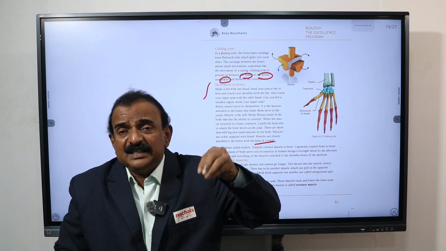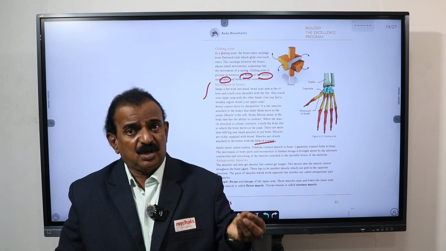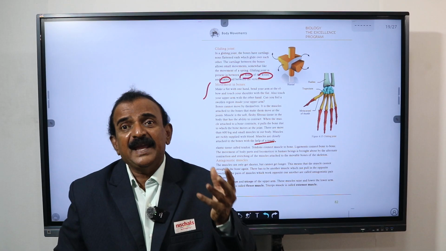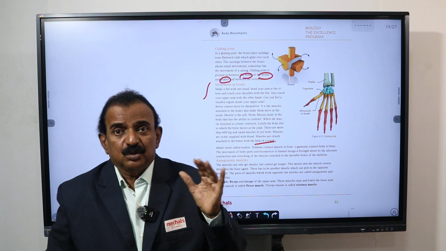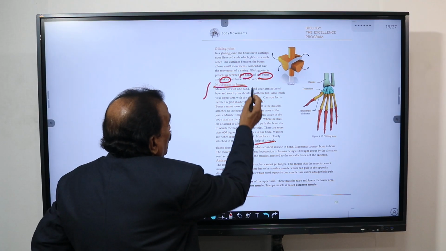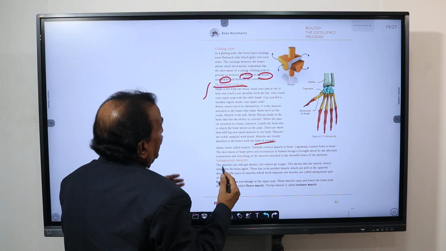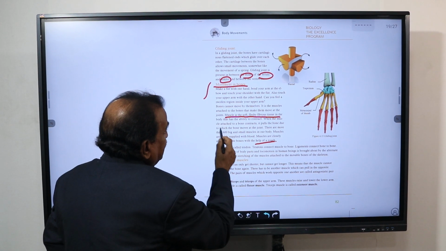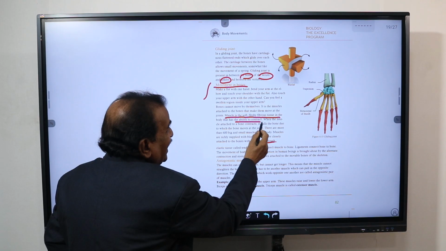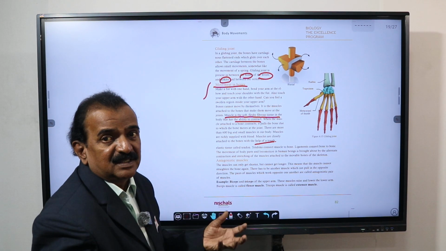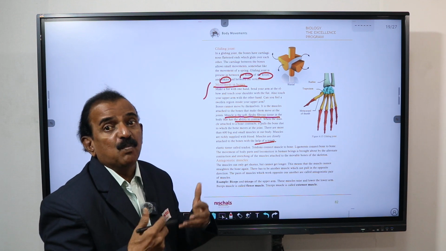The muscles are strong and tough, they connect to the bone, and they make the bone move. In this way, bones are moved, and that is called movement of bones. Muscles are soft, fleshy, fibrous structures that can contract and relax, and the contraction and relaxation of these muscles make the bones move.